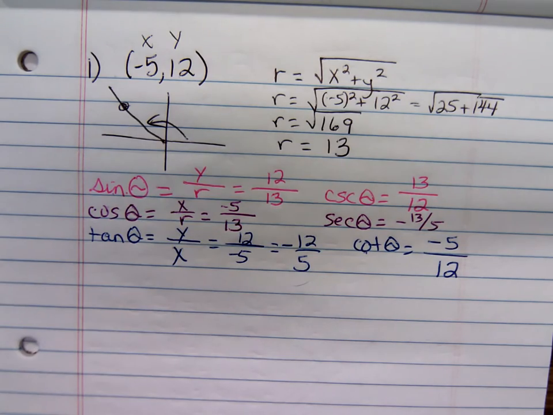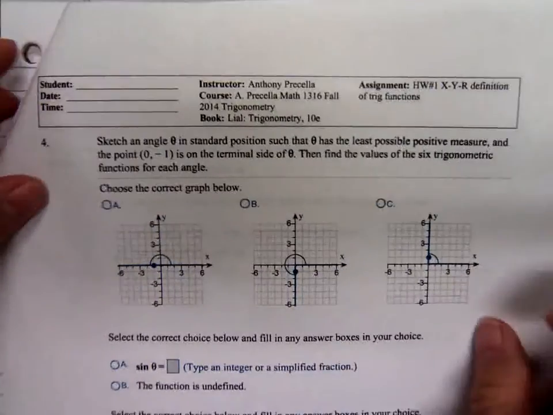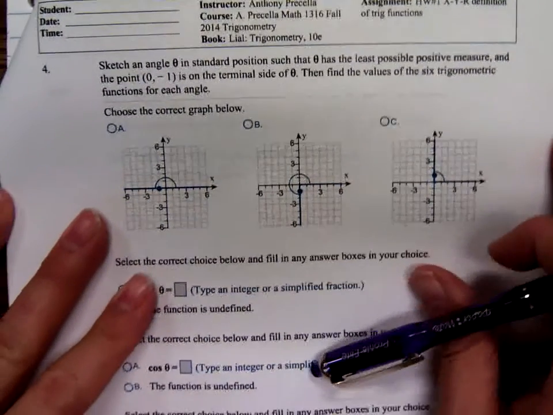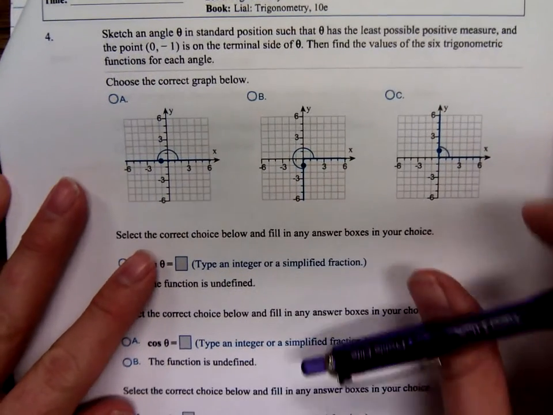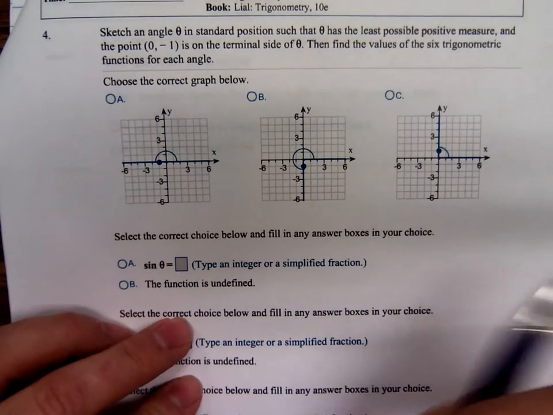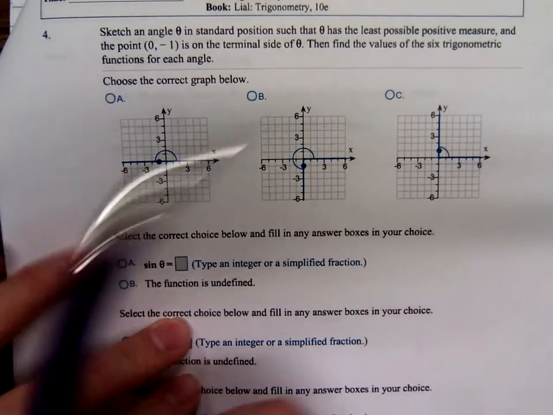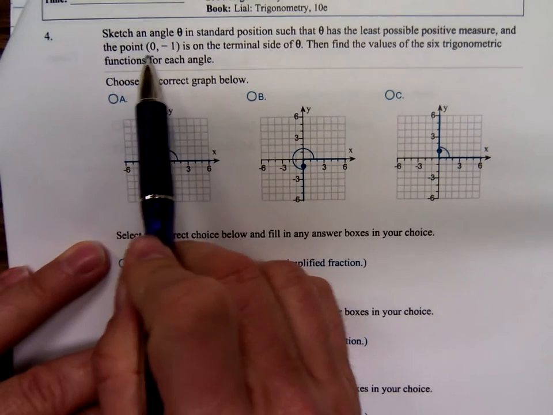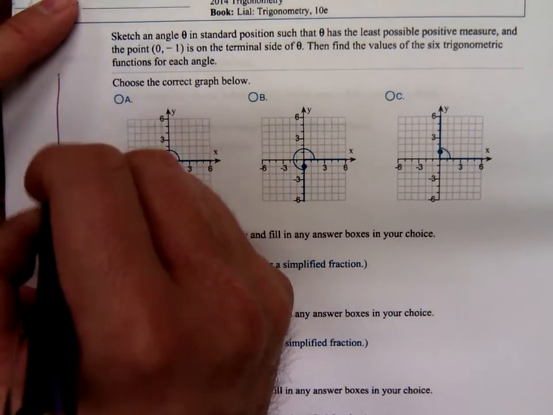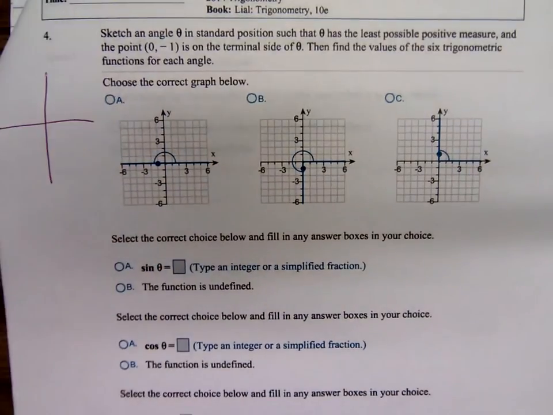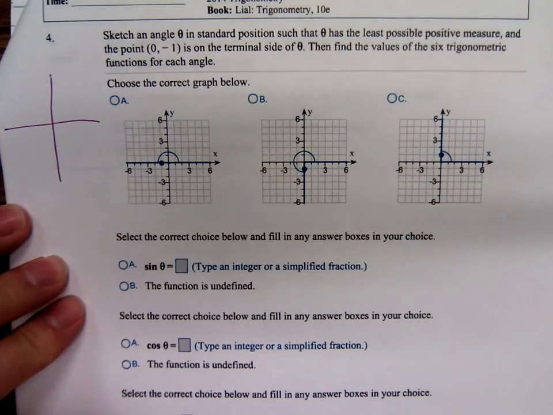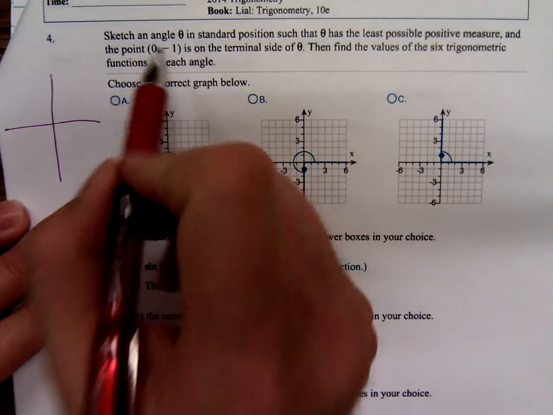Let's do number 4. Okay, sketch an angle theta in standard position. So you're going to sketch the angle, and the point that's on the terminal side is 0, negative 1. So here's what I'm doing. I'm asking myself, where's that point, over 0, down 1?